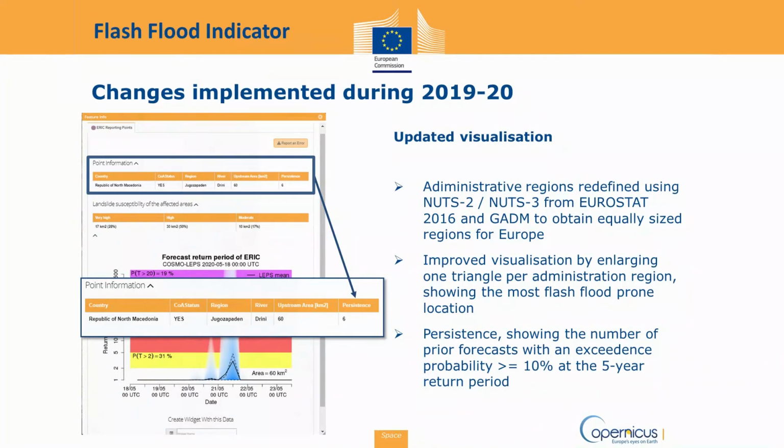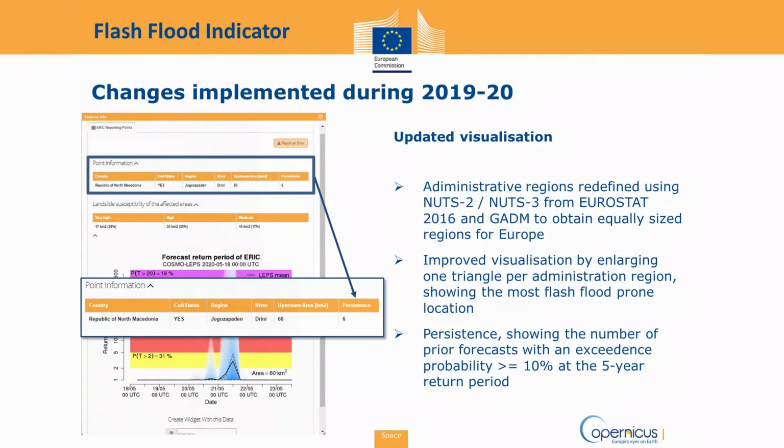And finally, persistence has been introduced. When you click on a flash flood reporting point, you will receive a dialog that looks like this, and there is a new criteria here called persistence. So that is the number of prior forecasts with a probability greater than or equal to 10% of exceeding the 5-year return period.